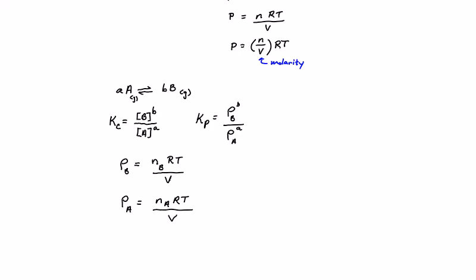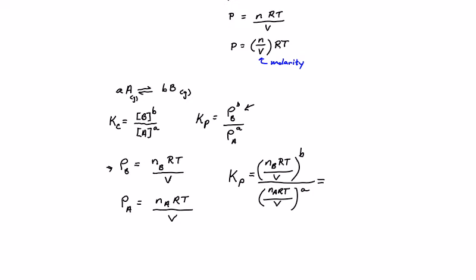So what we wind up with here, if we substitute these values in, is that Kp is going to be equal to the number of moles of B times RT over volume, the whole thing up top raised to the power of b. Basically we just took that first expression and plugged it in up here. Now we can do the same thing for the second expression, all raised to the power of a.